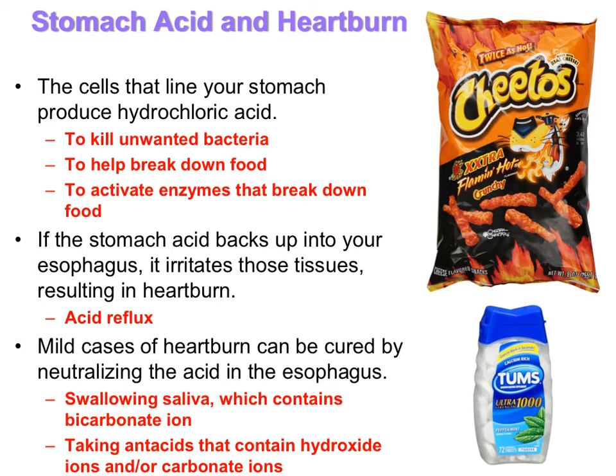If you have strong concentrated hydrochloric acid and it lands on your skin, you would have this really nasty burn. And if you didn't wash it or treat it, you could have further damage in your tissue. But when you produce HCl, we produce HCl to kill bacteria, to help break down food, to activate enzymes that break down food, for a bunch of reasons.